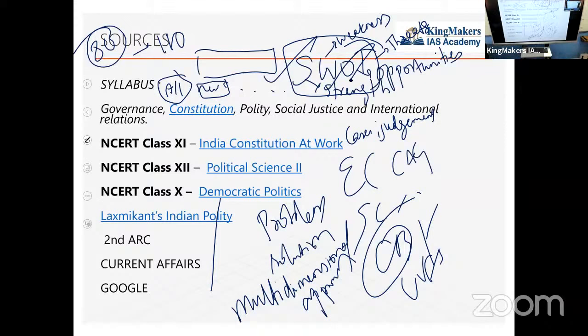Yes, second ARC is just that. I'm telling you, second ARC is your source, and apart from that, Google is your source. Fine. Okay, so again, if a senior told you about a book and said you can read it, then read it, but again this book will not be enough. You should again Google search.